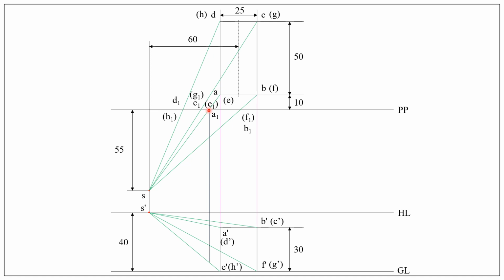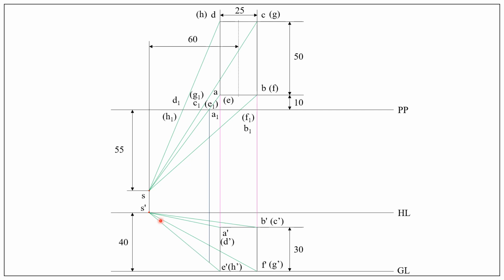So from this point, that is A1 E1, draw a perpendicular line until it meets S dash A dash and S dash E dash.